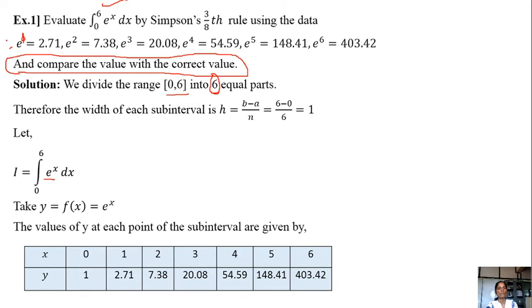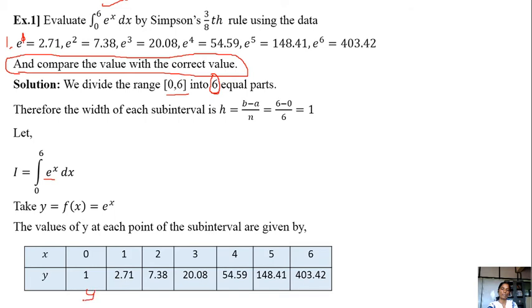If it is not given, you have to include that x equal to 0 argument in the given data. So your arguments will be 0, 1, 2, 3, 4, 5, 6, and the respective values of y are e raised to x. Wherever x is there, put x equal to 0, 1, 2, 3, etc. You will get the respective values of y. So these are your given data.